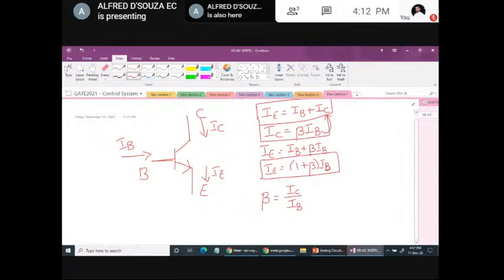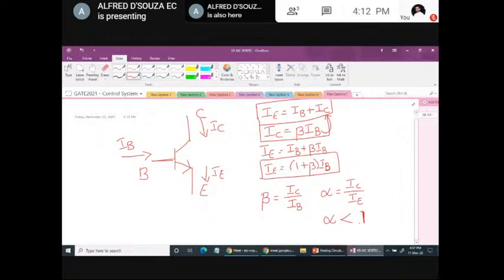Then we have one more parameter called alpha, that is the common base current gain. In that case, it is IC by IE. And if you observe from this equation, IE will always be greater than IC. So for a practical transistor, alpha will be less than 1.